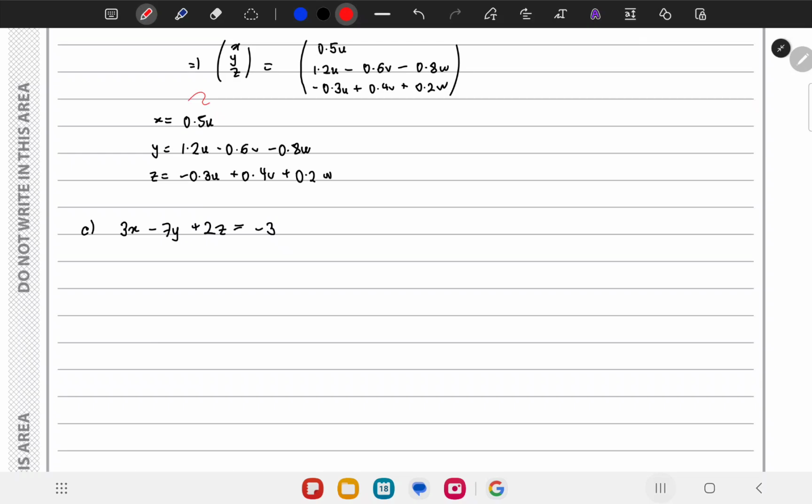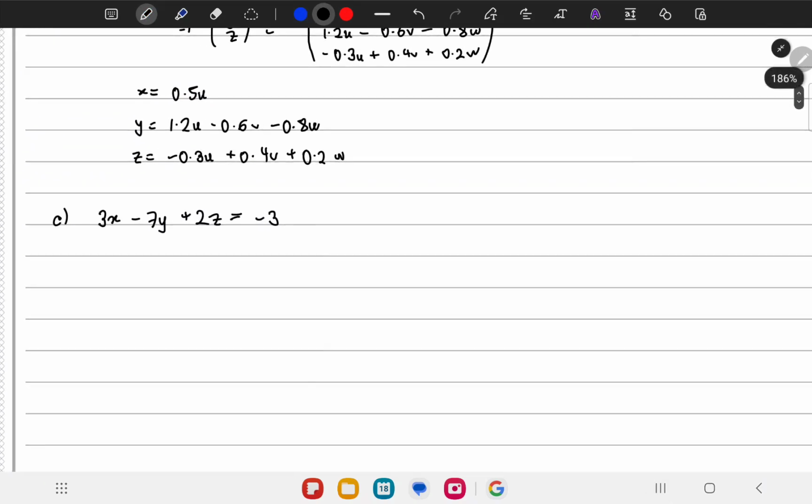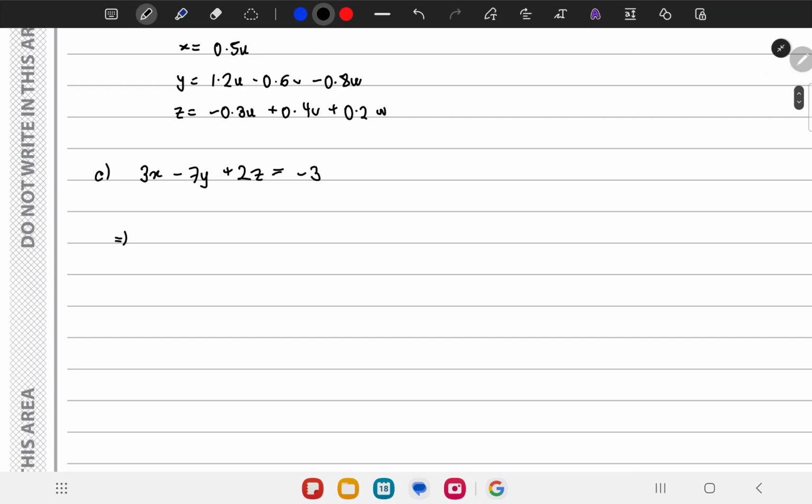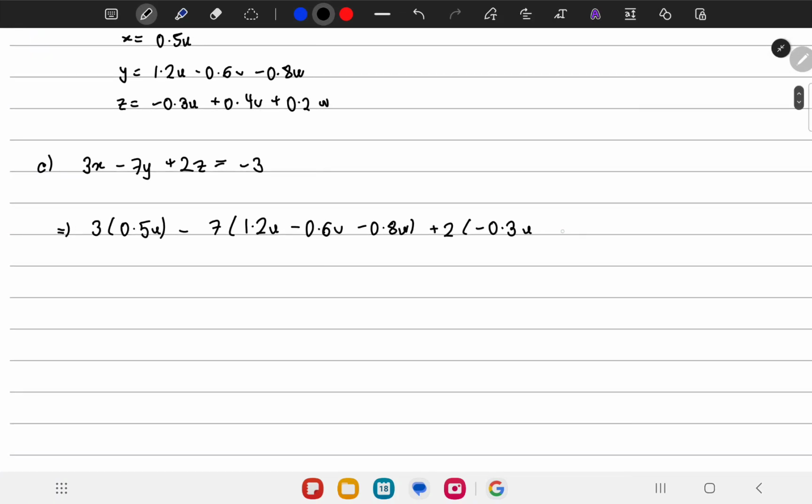Since we already know the representation of x, y, z in terms of u, v and w, I'll just substitute those in. So 3 times 0.5u minus 7 times (1.2u minus 0.6v minus 0.8w) plus 2 times (minus 0.3u plus 0.4v plus 0.2w) is equal to minus 3.